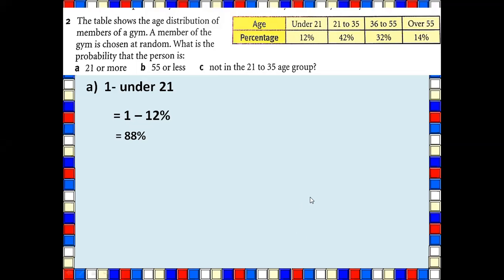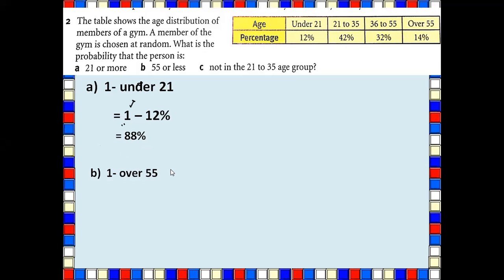55 or less. So we minus 1 from the 55, right? From over 55, yes, excellent.